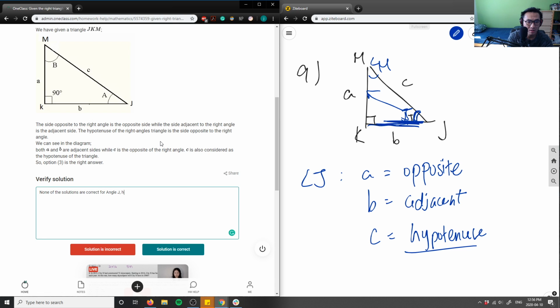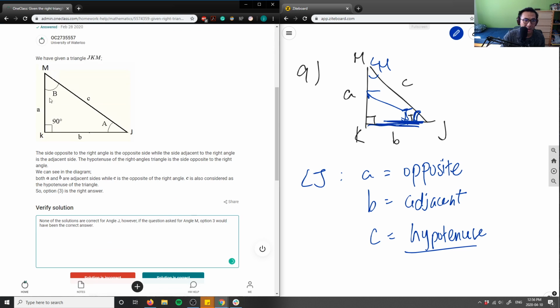However, if the question asked for angle M, option 3 would have been the correct answer. And this is kind of a formatting issue here, just because this is angle M.